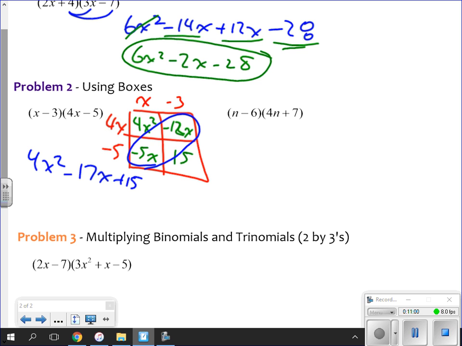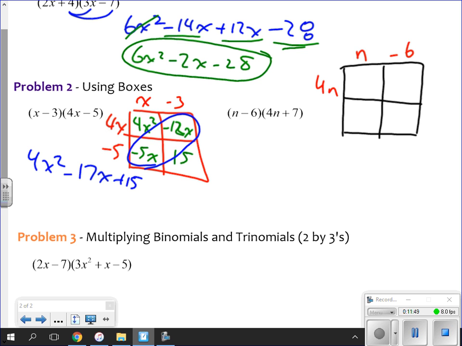Set up the box on the next one. It does not matter which side the n minus 6 goes on and which side the 4n plus 7 goes on. n minus 6, 4n, and then 7.